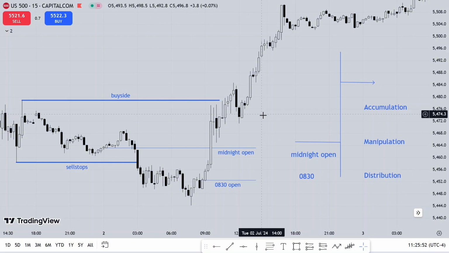So you're expecting a very large range day. You're expecting a large delivery of price.